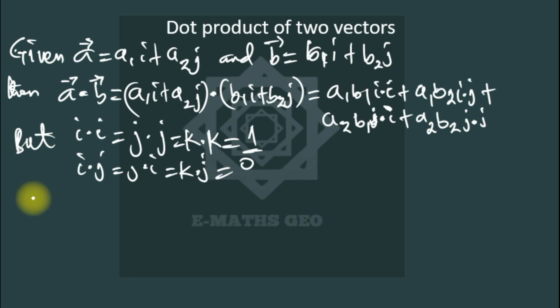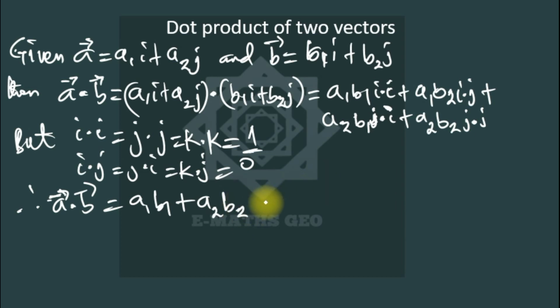So whenever you're asked to find the dot product of two vectors, it's just because this is 1, this is 0, 0. So we have a1 b1 plus a2 b2. So this gives us a scalar. So the dot product of two vectors must give us a scalar.